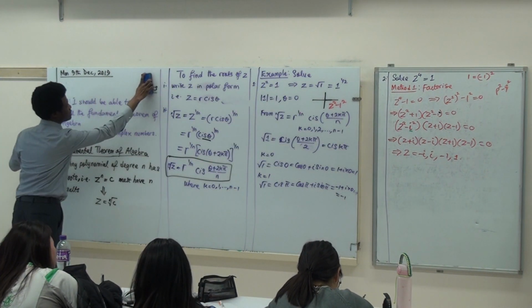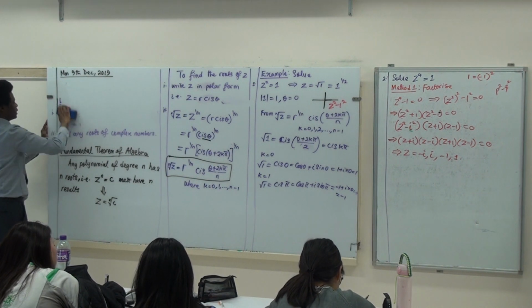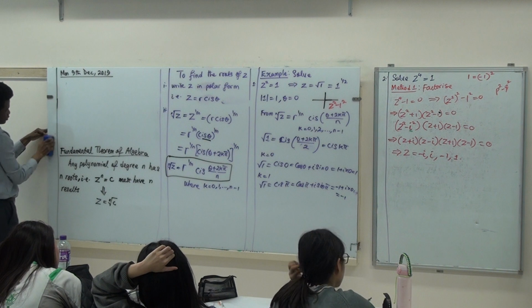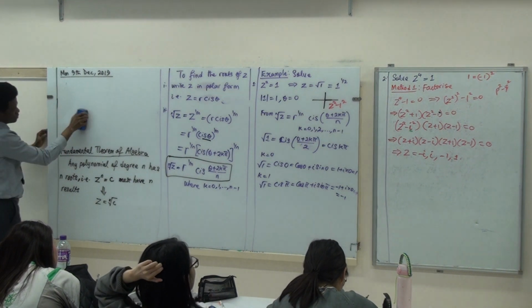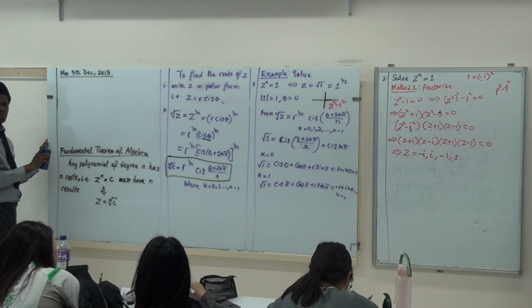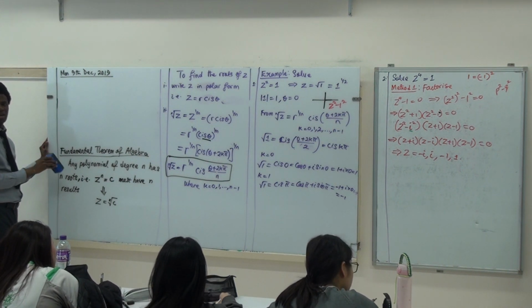So I write some questions here for practice. And for the next 20-something minutes, let's see how much of this practice we can do. Again, keep your eye on the fundamental theorem of algebra. Every polynomial of degree n must have n roots.